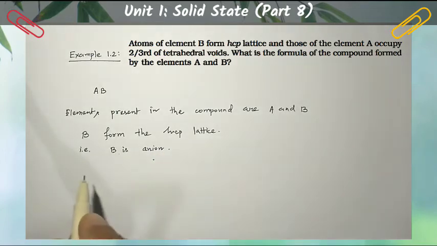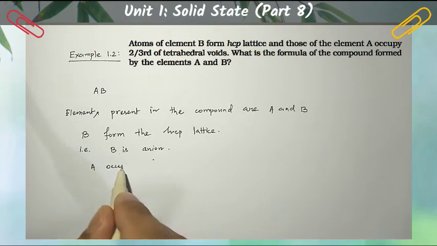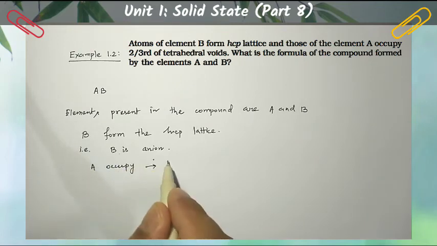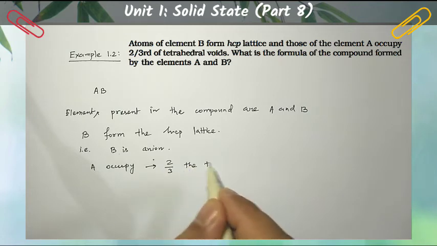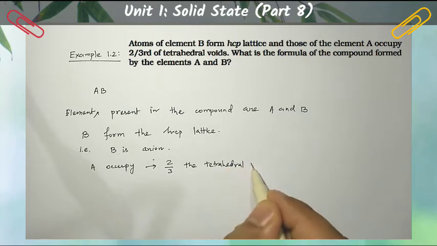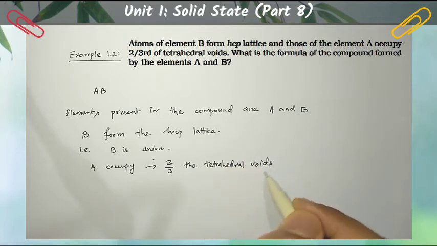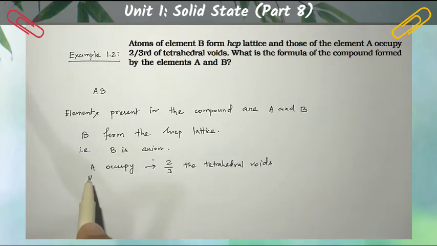And again they say that A occupies 2/3 of the tetrahedral voids. If the total number of tetrahedral voids is capital N, then 2/3 of those voids will be occupied by A. So A is actually your cation.